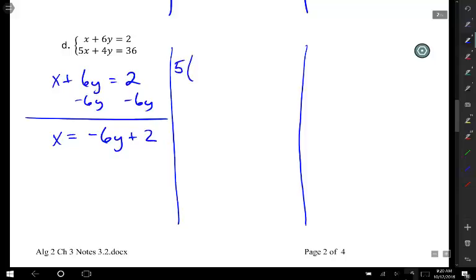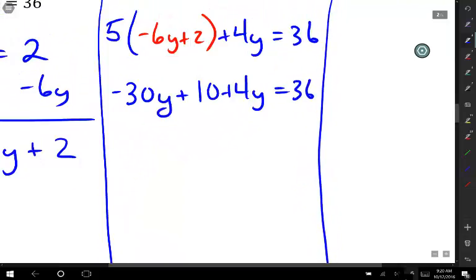Okay. So let's go into the second equation. 5 parentheses -6y plus 2 plus 4y equals 36. -30y plus how much? 10 plus 4y equals 36. Is that plus 4y? Yes.